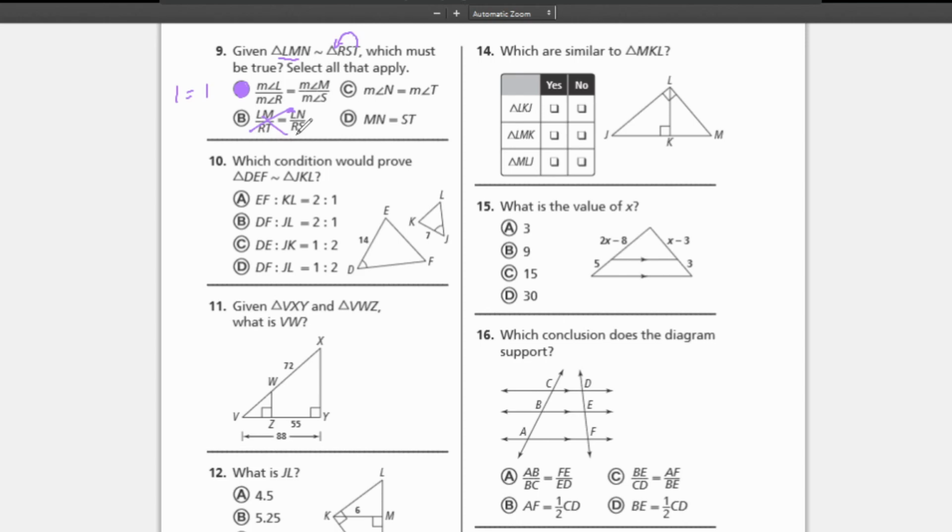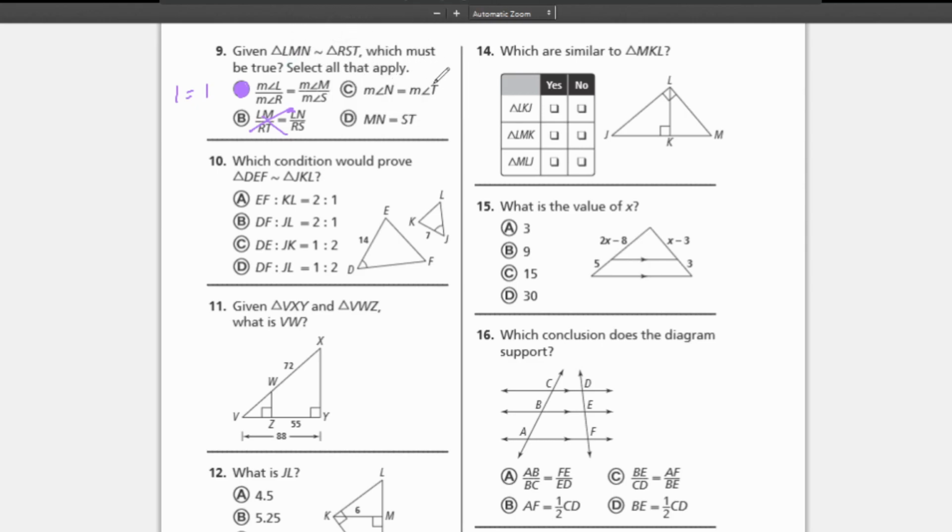This doesn't tell us that triangle LMN and RST are regular triangles or equilaterals. So this isn't given or definitely necessary. Let's assume that these are scalene so that we're making the most general statement, right? It may be true for some cases, but it's definitely not true for all cases.